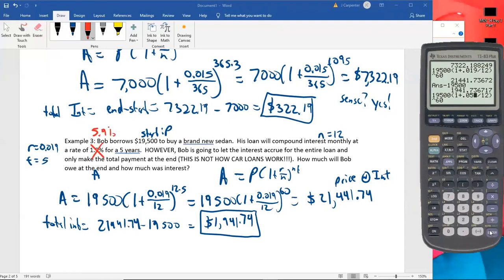Maybe Bob's credit with his friend sucks, so now he's got to pay a higher interest rate. Now that 6% interest has a larger effect on how much total interest Bob's going to pay, and it ends up being $26,172, meaning that he pays his friend, by doing this weird balloon payment system, $6,672, and that's the money that Bob's friend would get for free for doing this upfront loan.